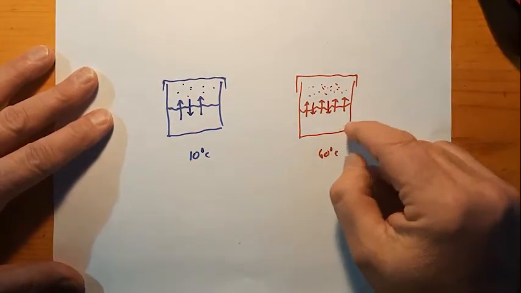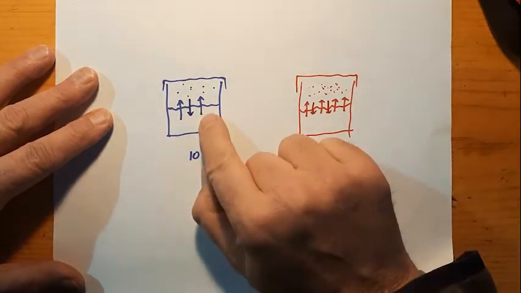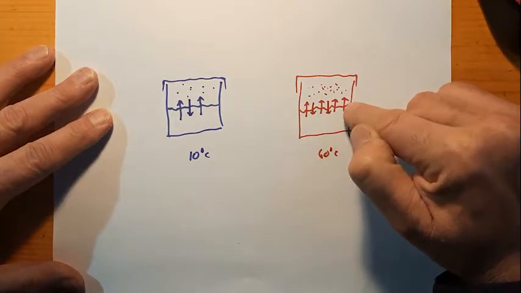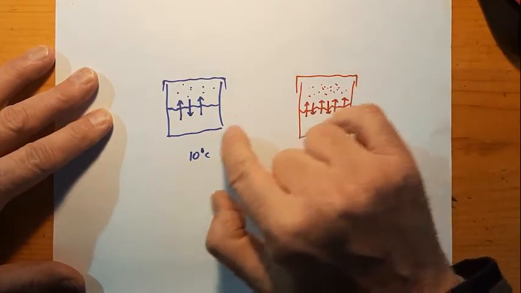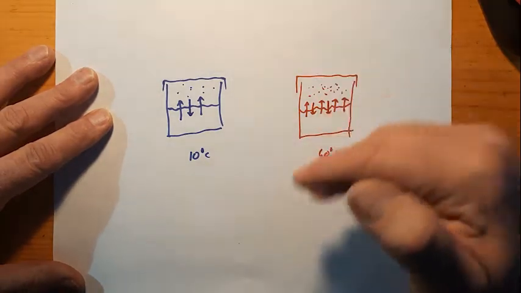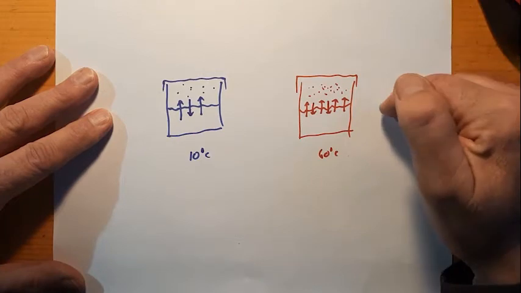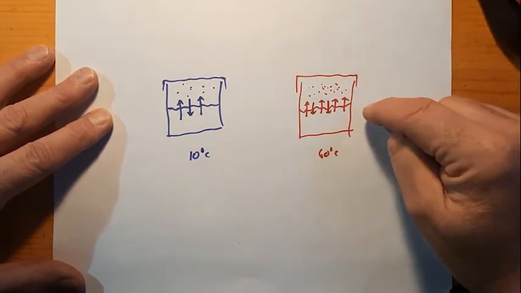Now at this point, if the numbers of arrows matter, here we've got 4 up and 2 down, here there's 2 up and 1 down. So here, the evaporation rate is greater than the condensation rate in both of these. Right? So there's still a net movement of molecules going up into the vapor phase. So it doesn't have the maximum.